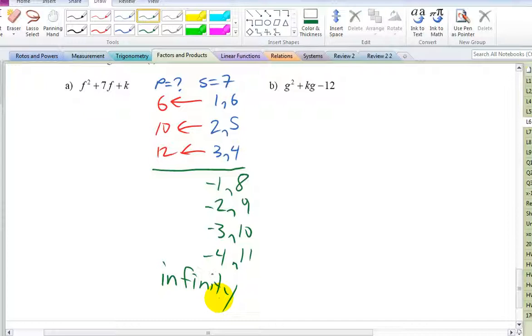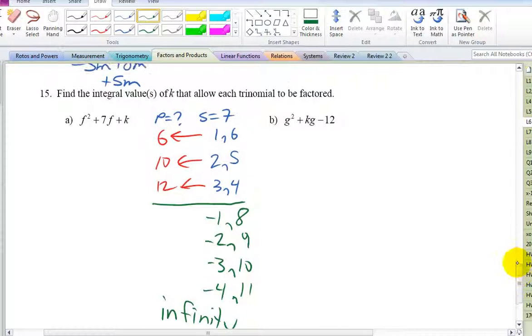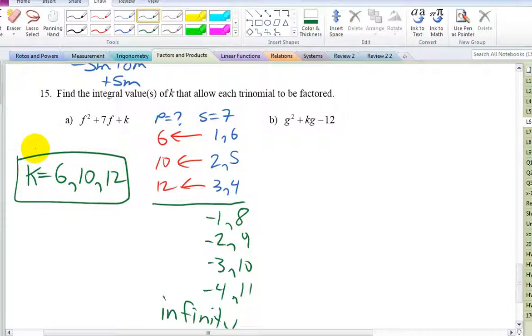We go forever. You can still be doing this tomorrow. Hopefully not. Smart enough to stop. But you have tons of answers. In the textbook, just do about 3 or 4. Okay? So we're going to say k equals 6, 10, 12. And you could technically go on, and you probably do that in the textbook.